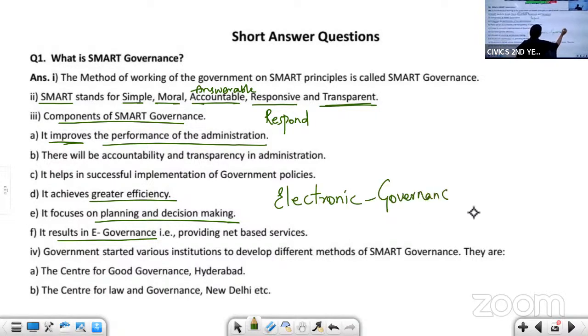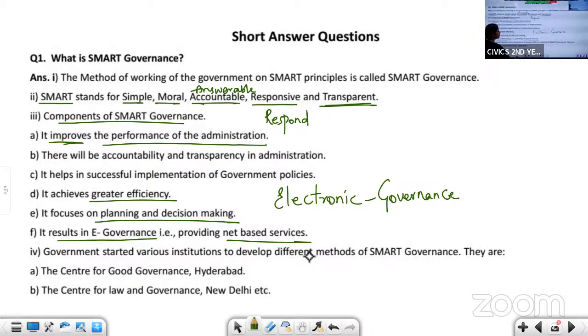It is electronic governance where the government is using net-based services. In olden days, for a small work like going to the bank, people used to stand in long queues for either depositing or withdrawing money.